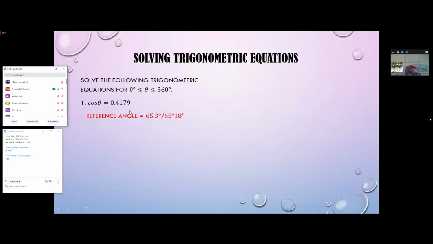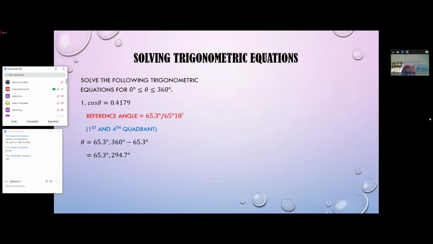Cos is positive at which quadrant? Determine the quadrant first: first and fourth quadrant, ASTC. For the first quadrant, you just take the reference angle. For the fourth quadrant, 360 minus the reference angle. Then the answer is this.